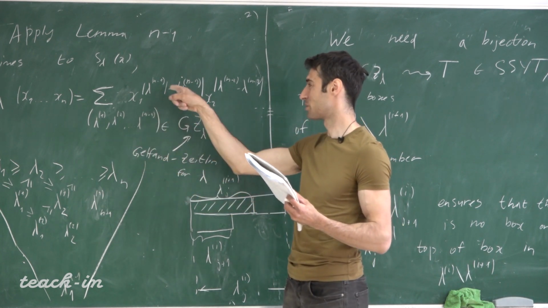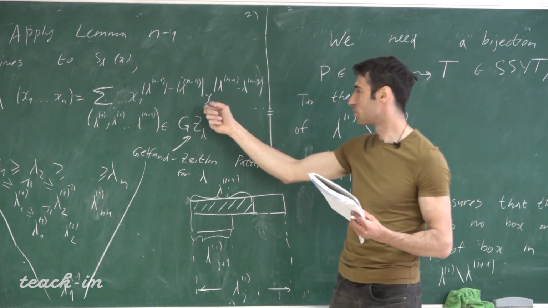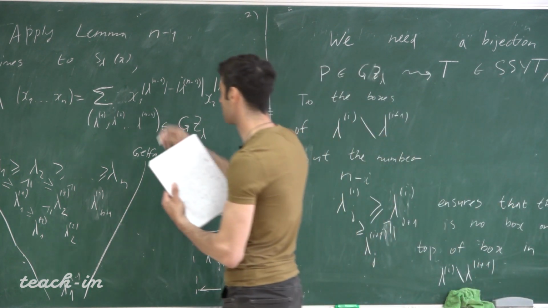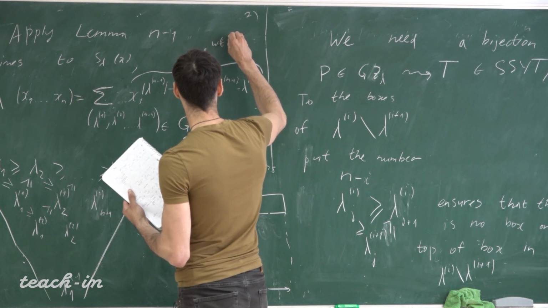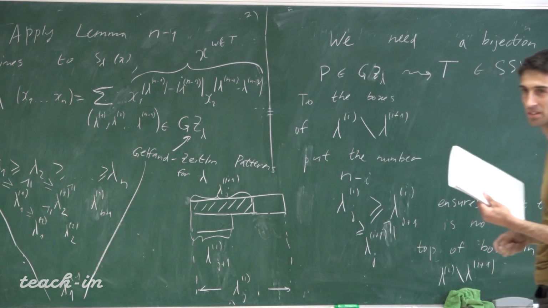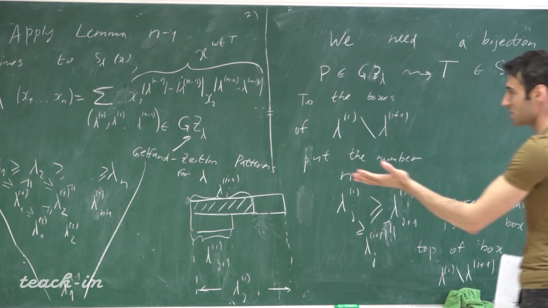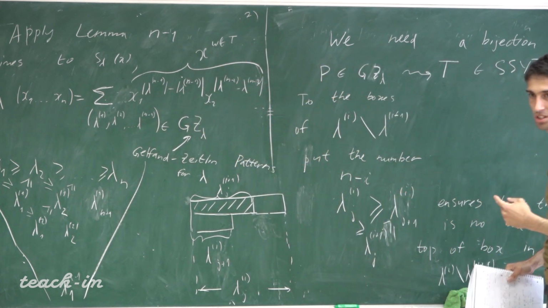So it's x1 to the number of ones in my T, x2 to the power of the number of 2's in T. So this is exactly x to the weight of T, to which corresponds such a Gelfand-Zeitlin pattern. So it's a bijection and the corresponding term corresponds to x to the weight T. So we proved the proposition.